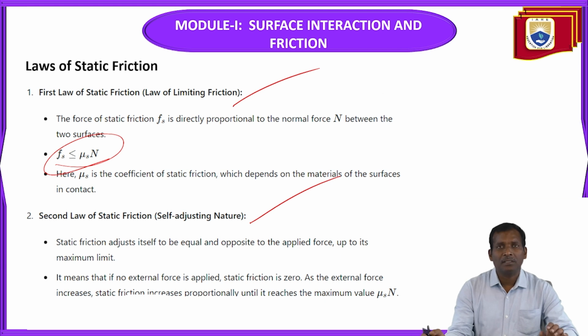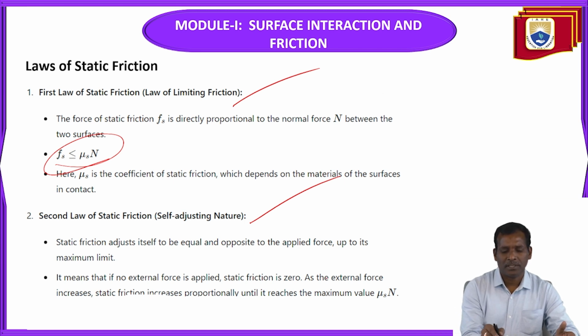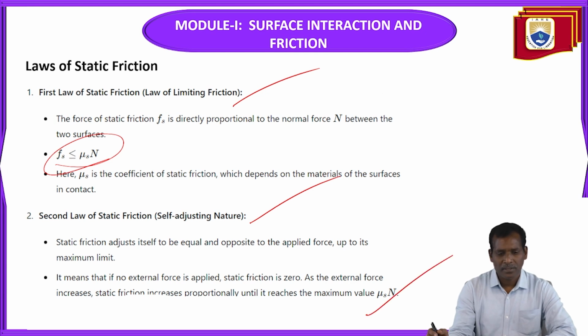The static friction adjusts itself to be equal and opposite to the applied forces up to its maximum limit. It means if no external force is applied, the static friction is zero. As the external force increases, static friction increases proportionally until it reaches the maximum value of μ_s N.